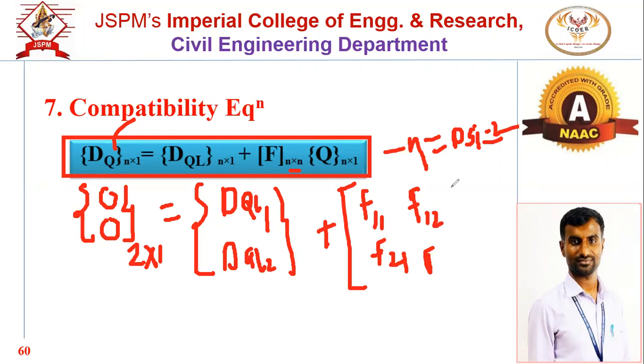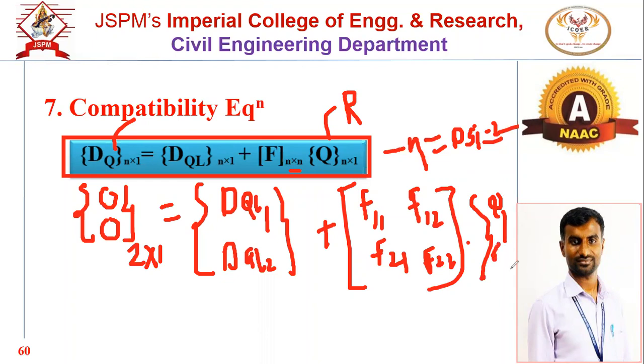Okay. This is the matrix format. Into what is Q? Q is nothing but the redundant reaction that we want. Means that will be Q1 and Q2. If you simplify this matrix equation, you will get two equations, two unknowns. So that you can solve easily.